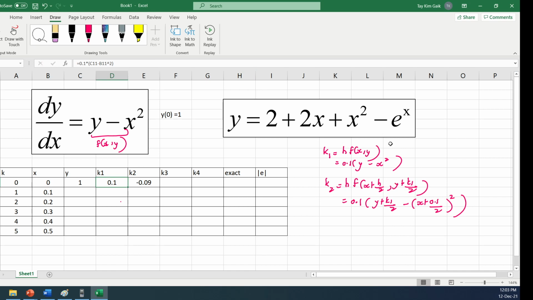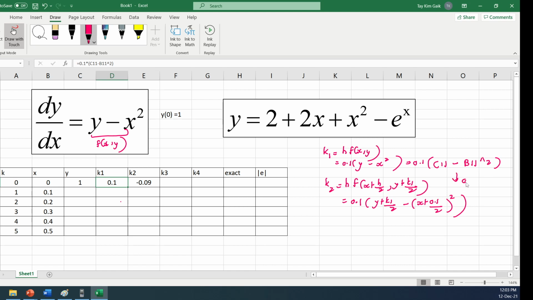The formula in Excel is 0.1, y is in C11, minus x, which is in B11, then power 2.